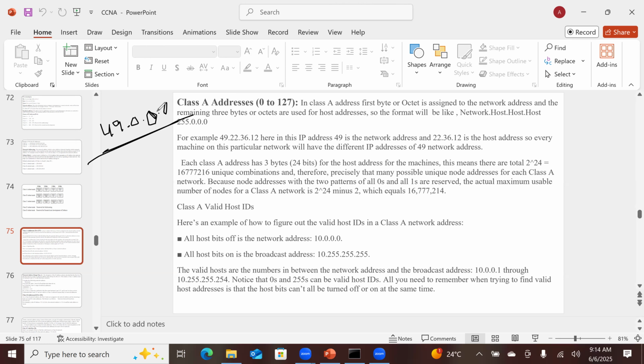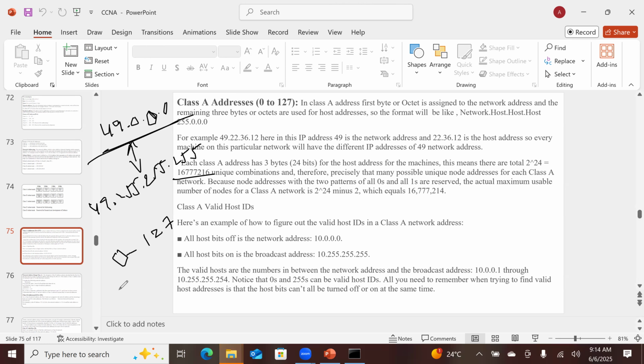It will go up to 49.255.255.255. Between these, we have that many IP addresses. So this is only one network. How many networks do we have? 0 to 127 networks.